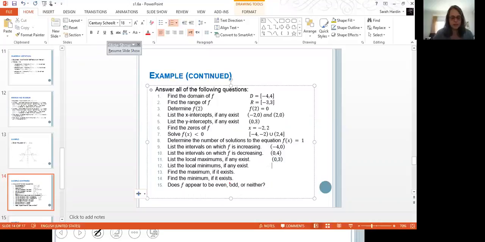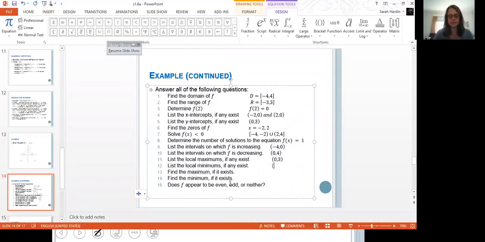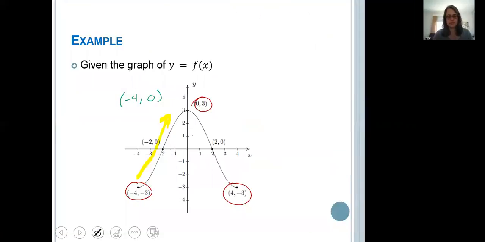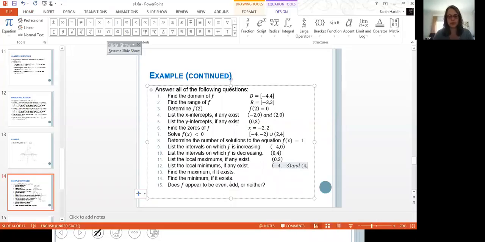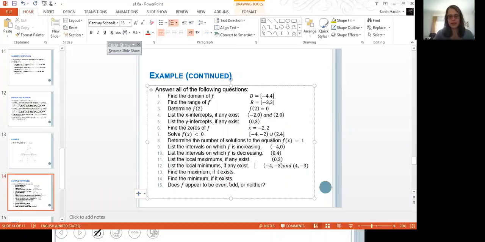And our minimums occur at what? -4, -3, and 4, -3. Okay? Now, when it says the maximum, it means the biggest of the local maxima.